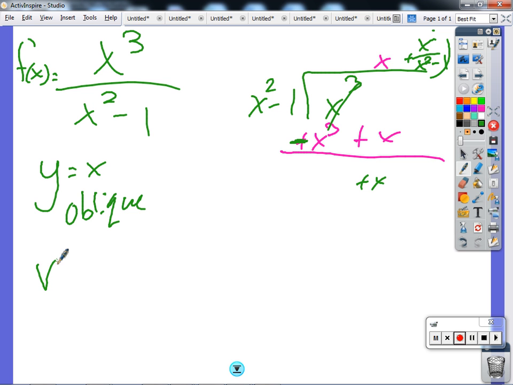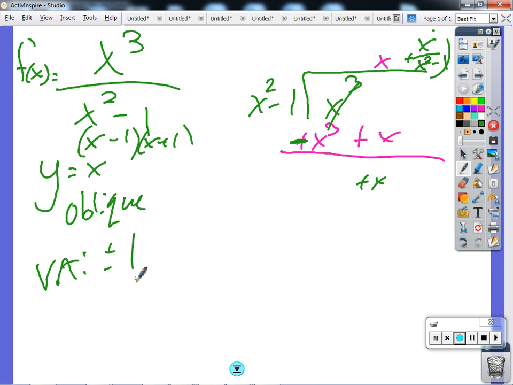What are my vertical asymptotes? Where do they come from? My denominator. Right? So there's an x minus 1 and x plus 1. So therefore x cannot be 1 or negative 1, correct?